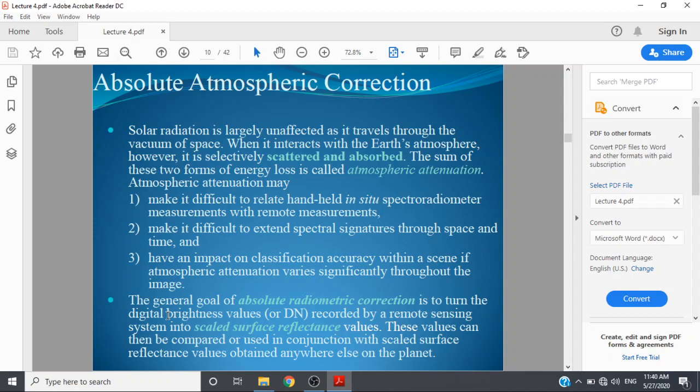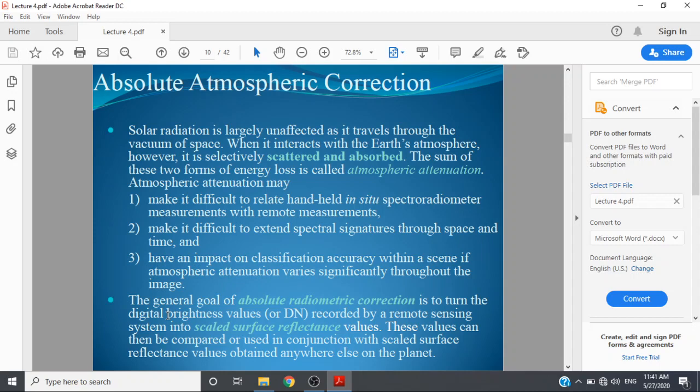Atmospheric attenuation may make it difficult to relate handheld in situ spectral radiometer measurements with remote measurements, make it difficult to extend spectral signatures through space and time, and have an impact on classification accuracy within a scene if atmospheric attenuation varies significantly throughout the image.